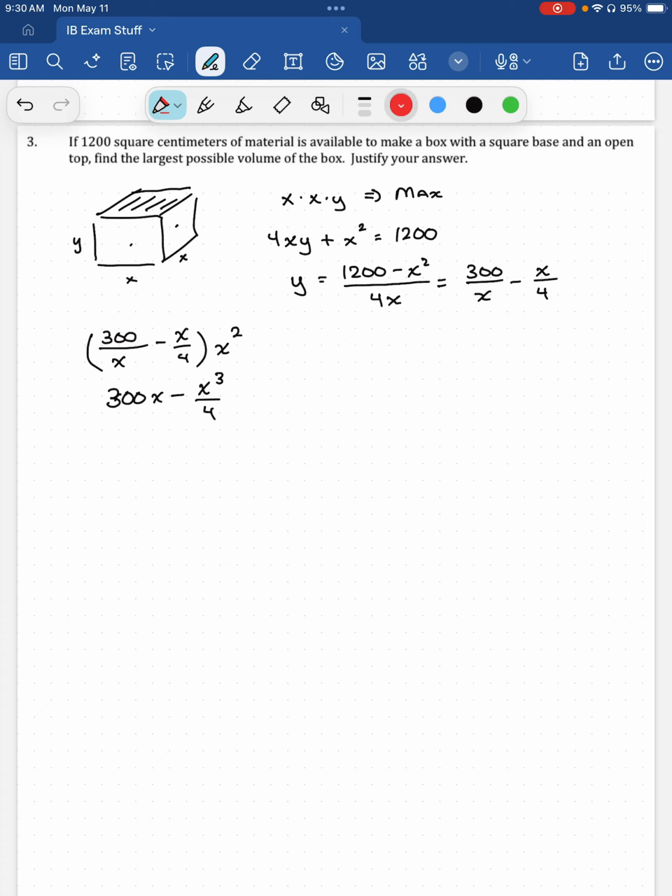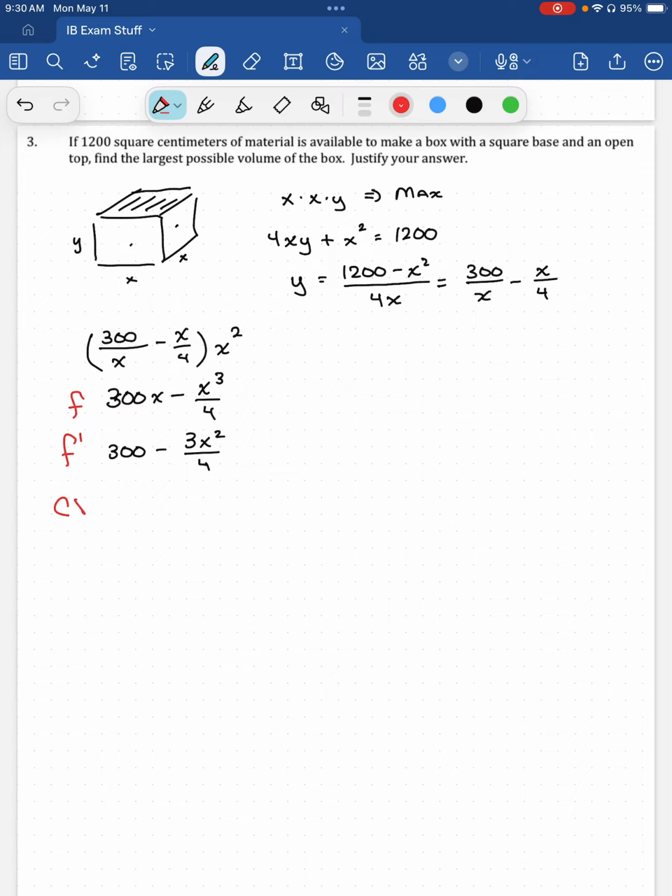Now, from there, we're going to go ahead and find the derivative. So if that's my function, my derivative is pretty straightforward. It is 300 minus 3x squared over 4. We want to know where that equals 0 or is undefined. It's never undefined, so we're going to set it equal to 0 to find my critical values.